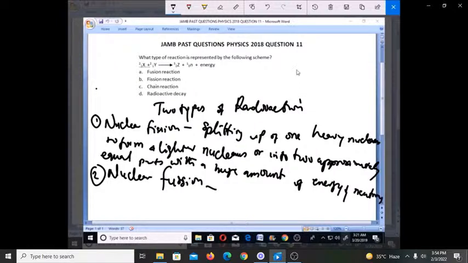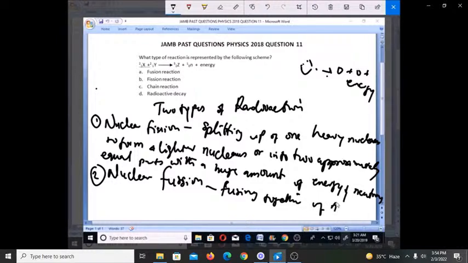Whenever you have a big nucleus splitting into smaller ones with the release of energy, we call it nuclear fission. But nuclear fusion is the fusing together, the coming together of lighter nuclei. When they are coming together, we call it fusion.